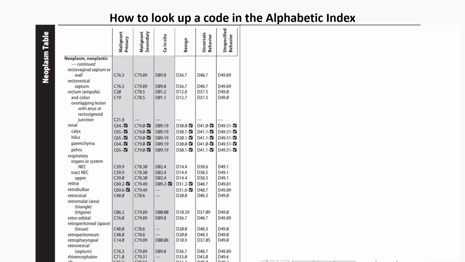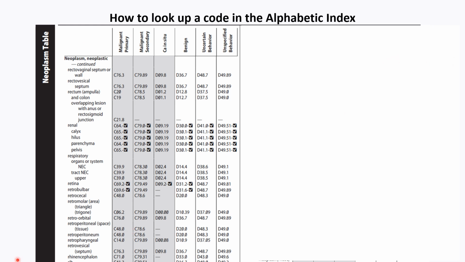So any neoplasm that you're looking for will appear here. And so you've got two columns. And these columns are broken down according to the types of cancer. You have malignant, primary, cancer in situ, benign, uncertain behavior, and unspecified behavior. And the same is over here.